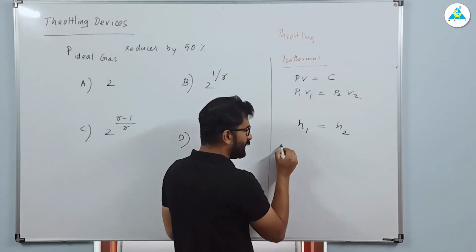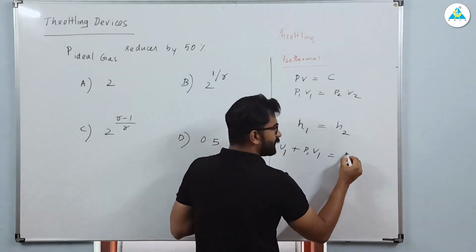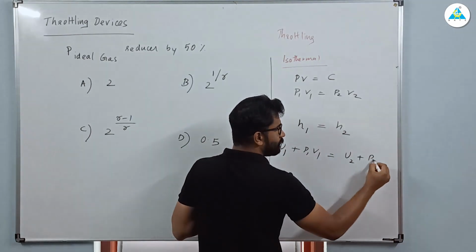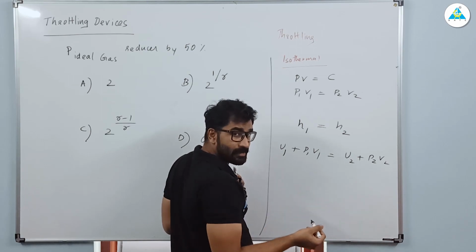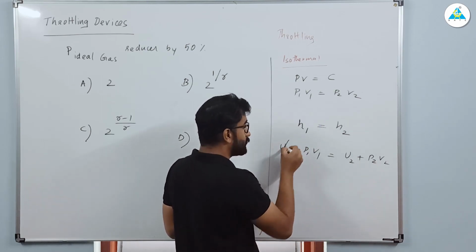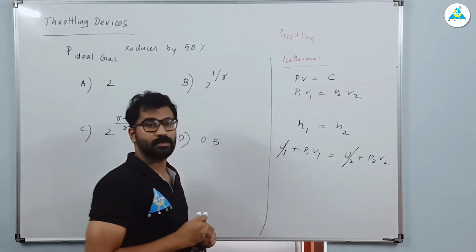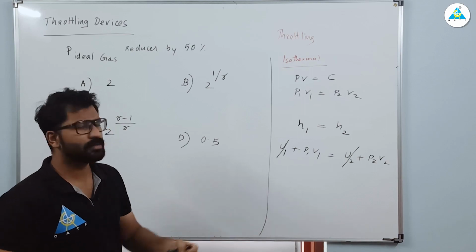What is H1? H1 is U1 plus P1V1 is equal to H2 is U2 plus P2V2. ठीक है, लेकिन ideal gas के लिए it is isothermal, so internal energy दोनों same होगा, right, अगर temperature change नहीं हो रहा है तो ideal gas के लिए P1V1 is equal to P2V2.